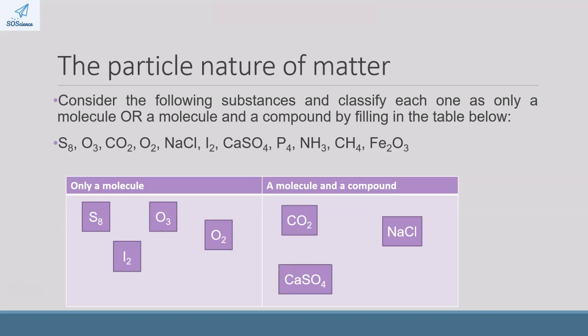CaSO4 is a molecule and a compound. P4 is only a molecule. And then all the rest, NH3, CH4, and Fe2O3, are a molecule and a compound because all of them are chemically bonded and they are made up of at least two different types of atoms. So NH3, CH4, and Fe2O3 all belong in this column.